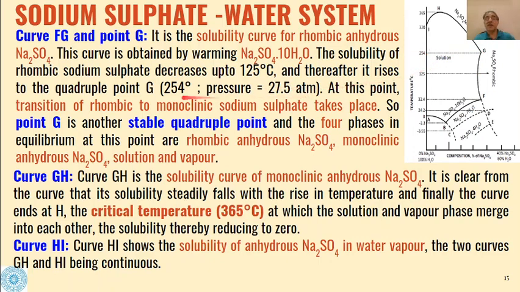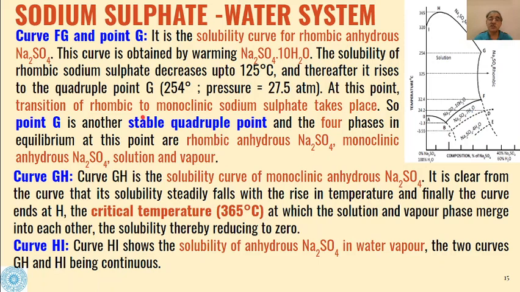And here at 254 degrees centigrade at point G, pressure is 27.5 atmospheric pressure. So at this point, the rhombic sodium sulfate changes into monoclinic sodium sulfate. So this is again a transition point.